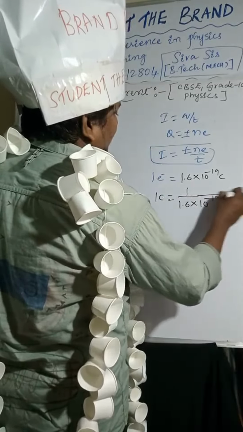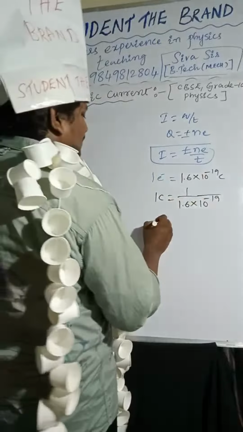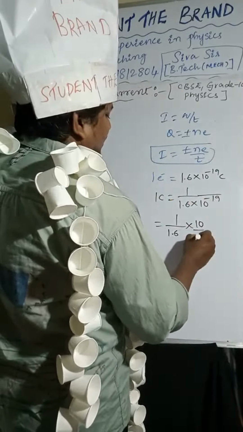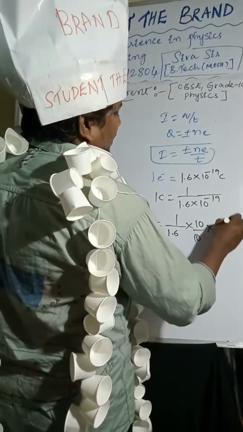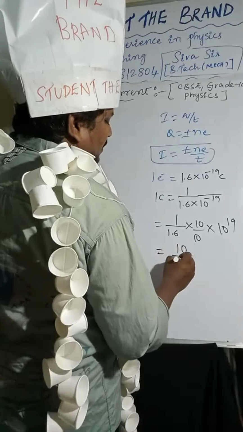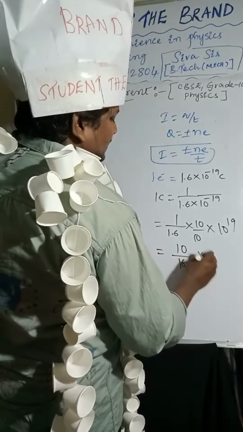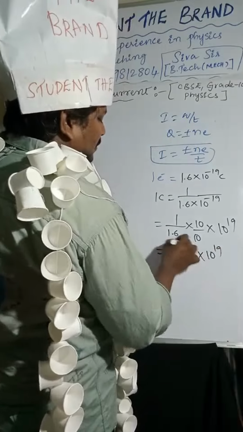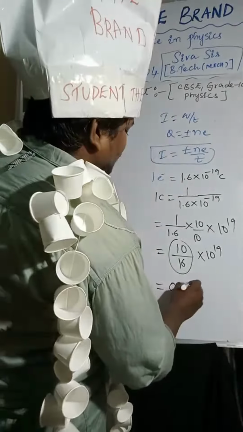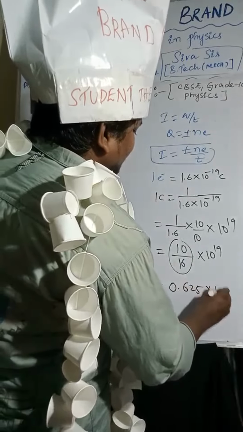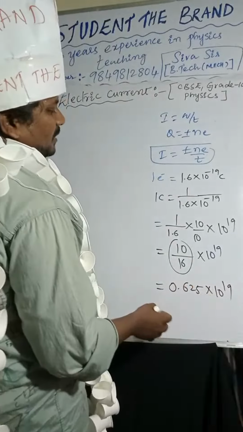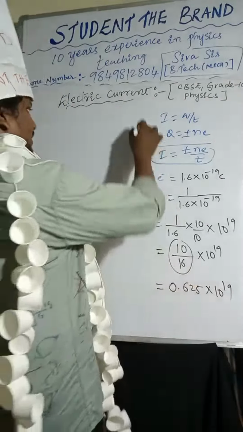Multiplying by 10 by 10, we get 10 power 19 over 16. If you do this, you'll get 0.625 into 10 power 19.